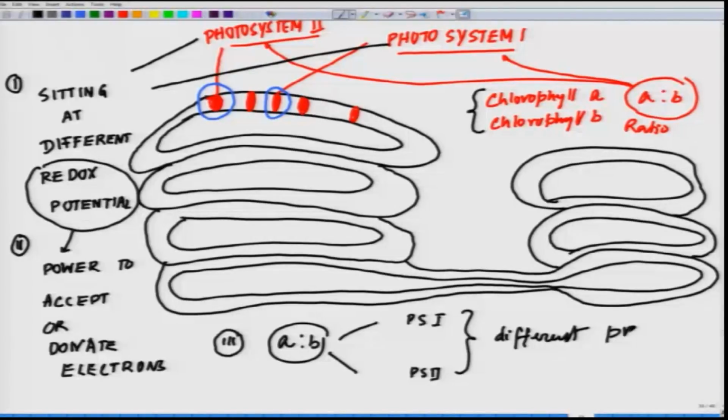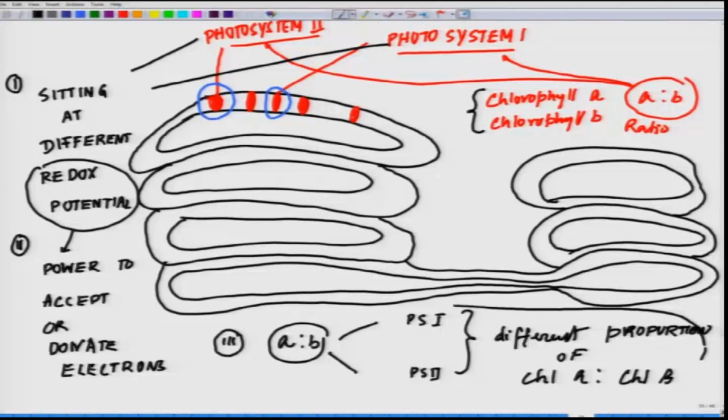Different proportion of chlorophyll A versus chlorophyll B. Now, based on their abilities of accepting or donating electrons, they could be put on a scale, and we will come to that later on.